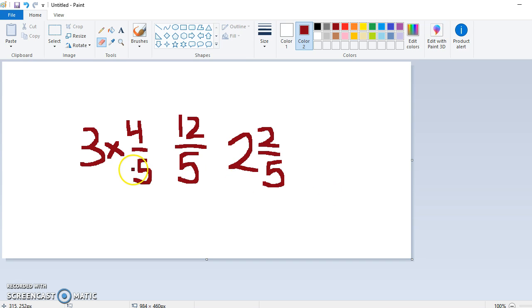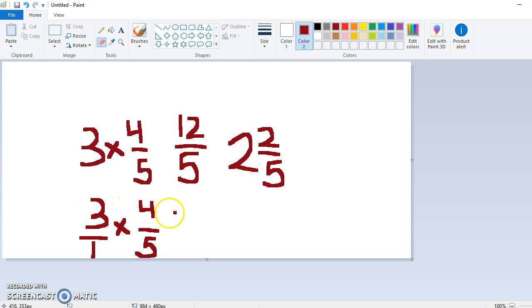And also, if you see this over here and you want a little bit more help with it, you can also take that 3 and you can put a 1 underneath it, because the 1 is not going to change it. 3 over 1 is the same thing as 3. So if I put that 3 over 1 and I multiply it by 4 over 5, then I can just go across like this.